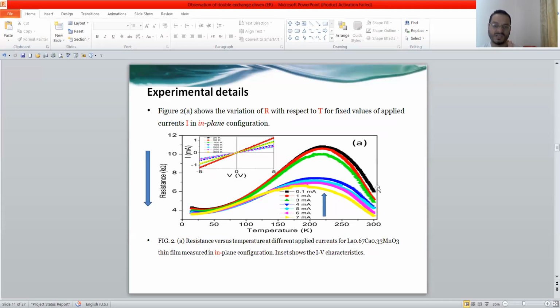The black curve is for an applied current of 0.1 milliampere, the red curve is 1 milliampere, and it keeps going like that. At 0.1, we will focus on this side and the next side.